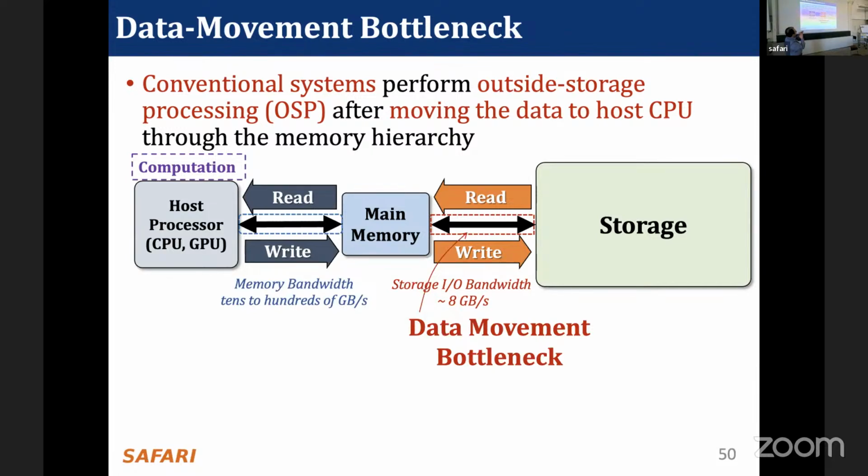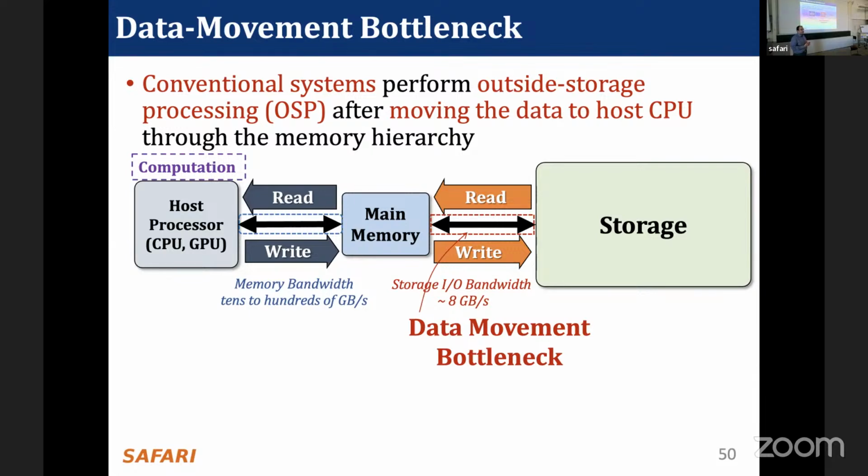That just talks about the performance issue, but there are also energy issues from needing to bring things from the storage. For processing-using-memory and processing-near-memory techniques, the idea is that the application data resides in the main memory.